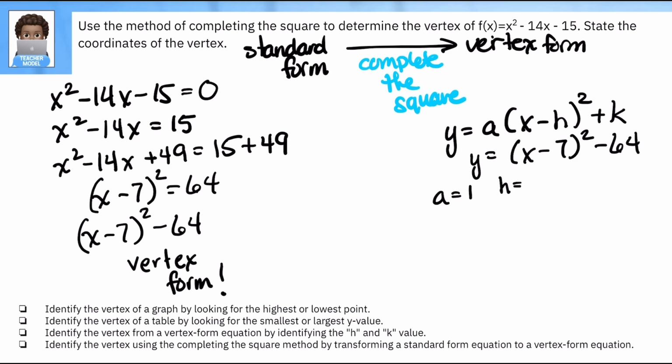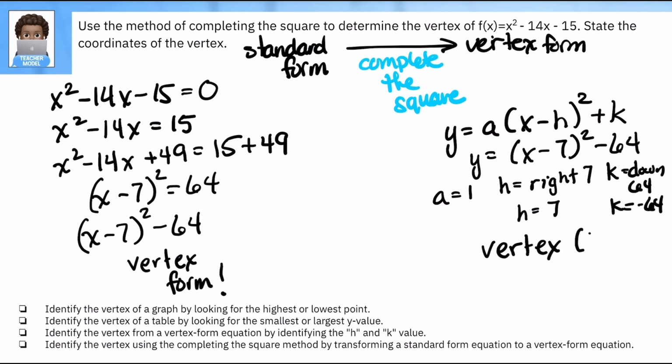We have a negative h, so that means we're going to go to the right 7. All right, so h is equal to 7, and our k is negative 64, so we're going to go down 64. So that makes our vertex 7, negative 64.